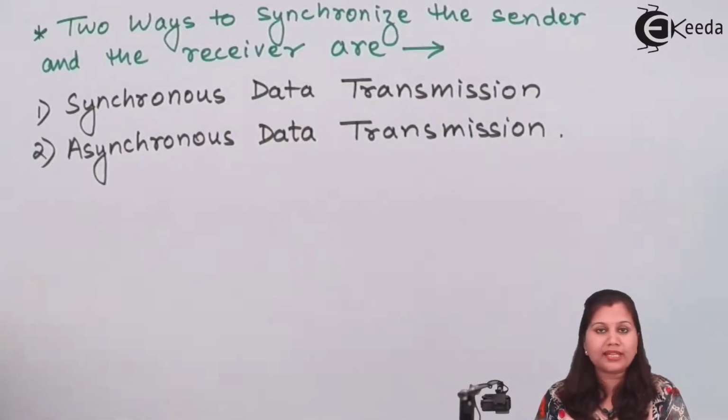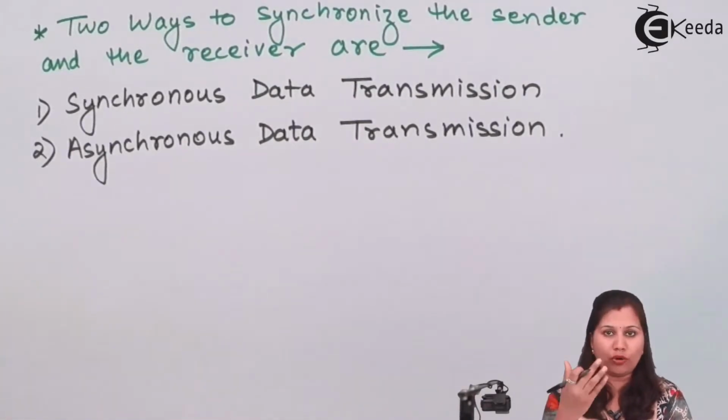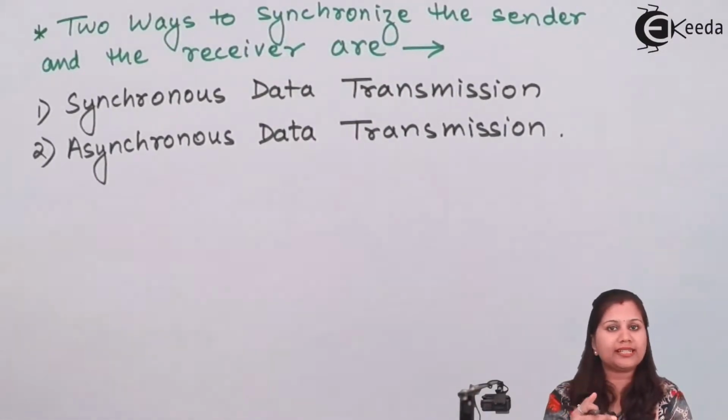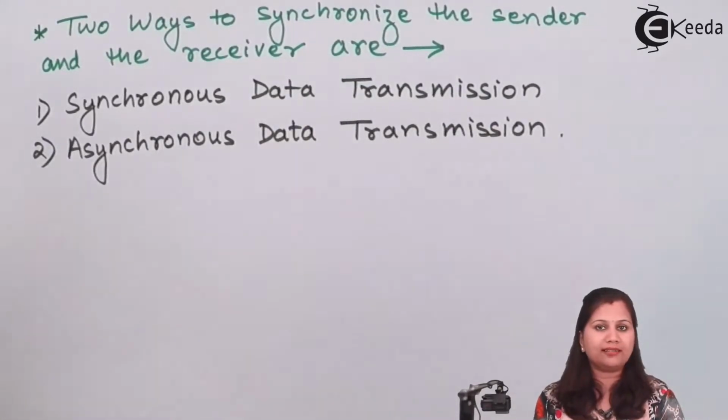Whereas in the case of asynchronous data transmission, no such clock signal is used. We send the data, and along with the data we also send some bits, and those bits define where the actual data we want to transmit is starting and at which position it is ending. So along with the signal we send that information, and no other signal is used.